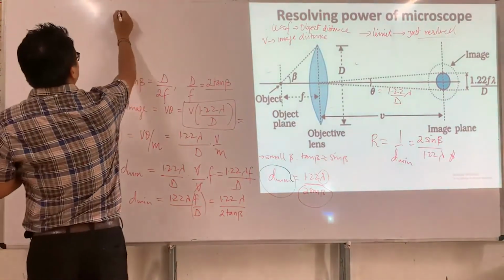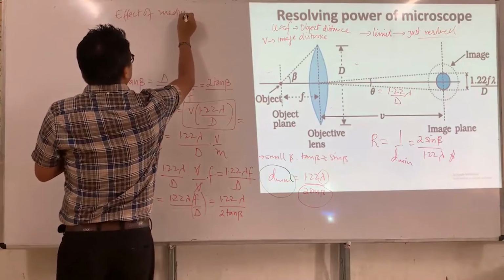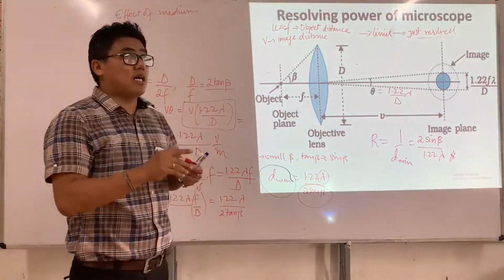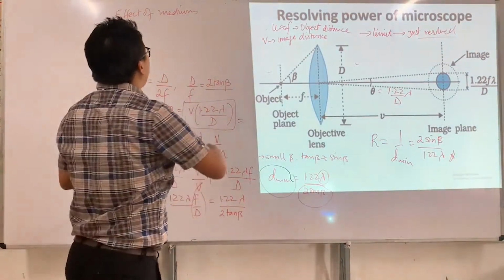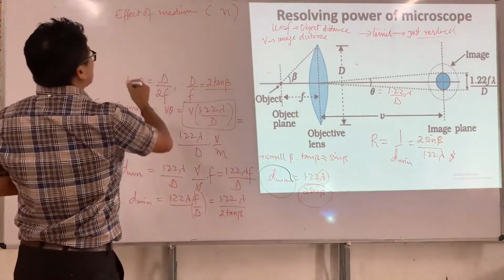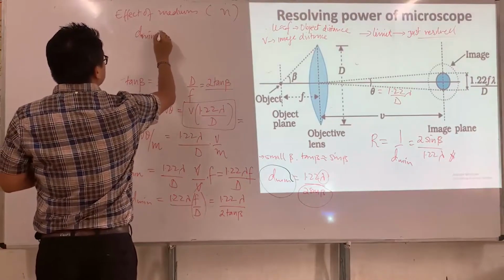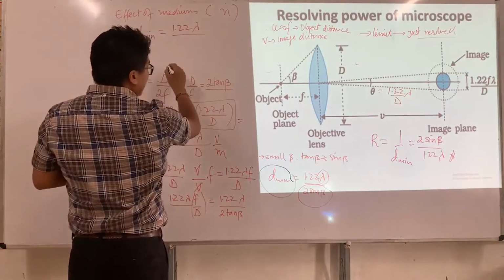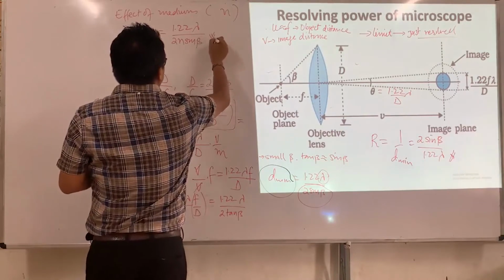If I put a microscopic particle in a medium of refractive index n, then the minimum distance is going to change. So the minimum distance is going to be 1.22 lambda divided by 2n sine beta.